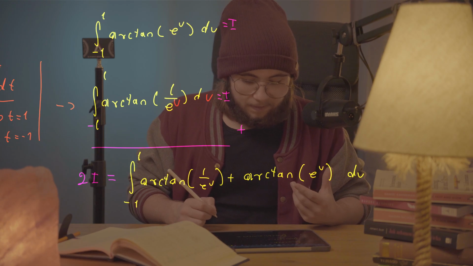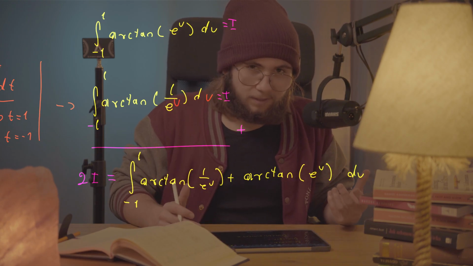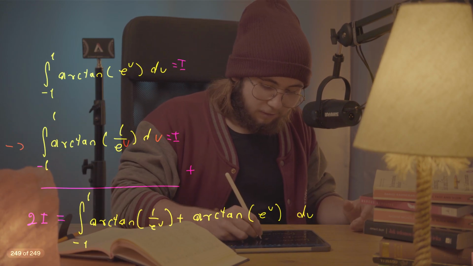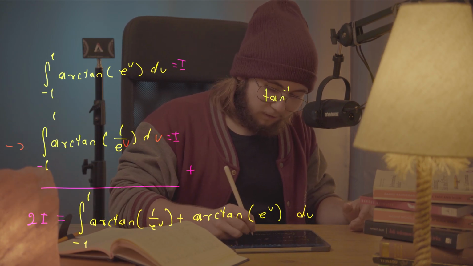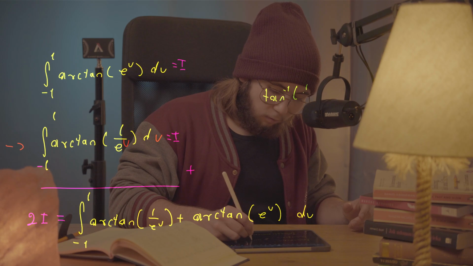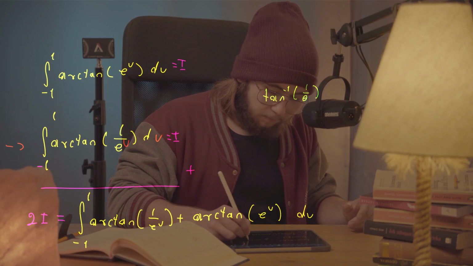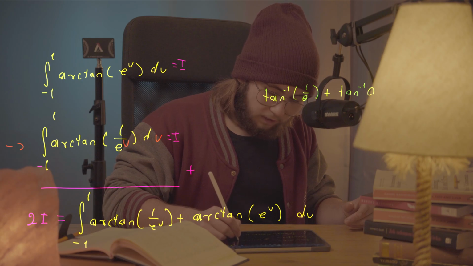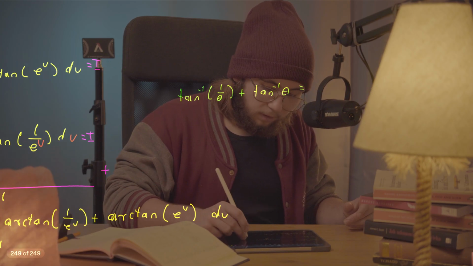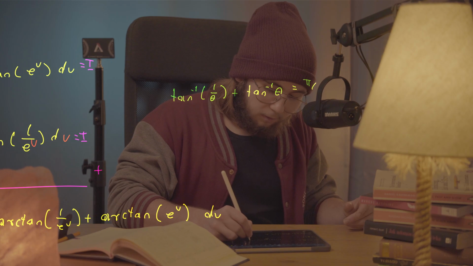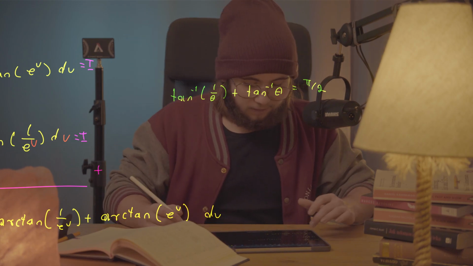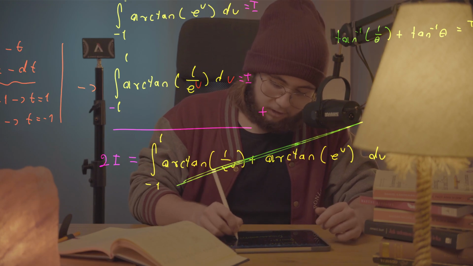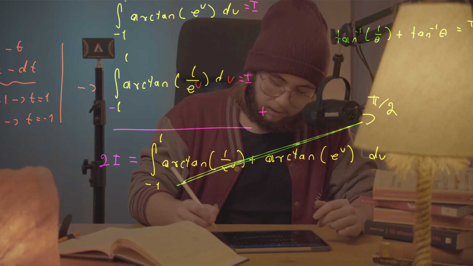And well, why is it awesome? Because I have this lovely trig property, which is that the inverse tangent of 1 over theta plus the inverse tangent of theta always comes down to pi by 2. And so I can rewrite this entire integrand here as just pi by 2.